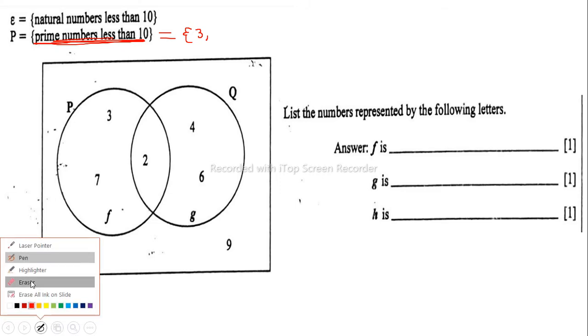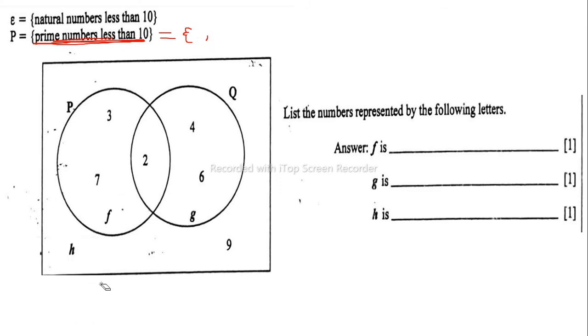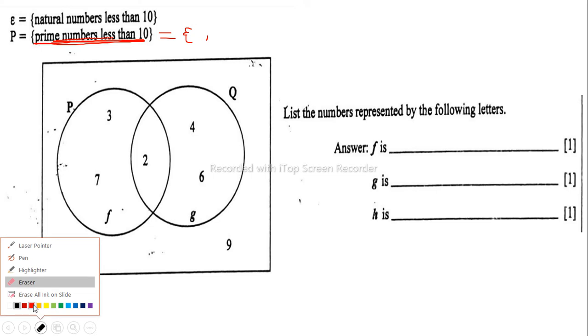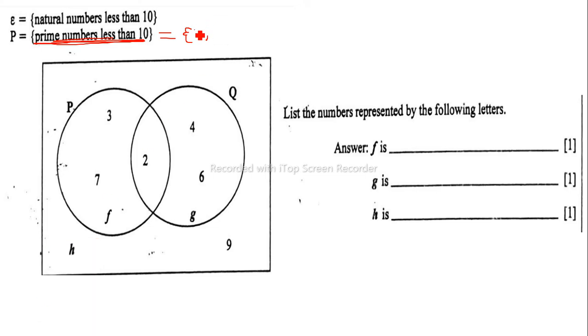5. Let's start from the first prime number. What's the first prime number? 2, 3, 5, 7, 11. And we can't put 11 because it has to be less than 10. So the prime numbers that are less than 10 are 2, 3, 5, and 7.